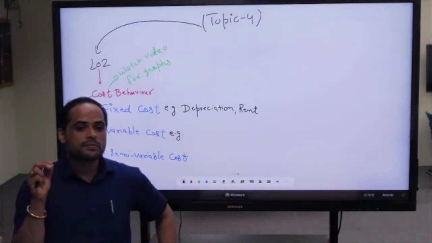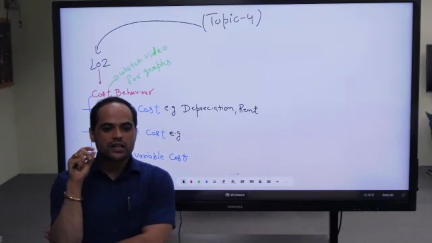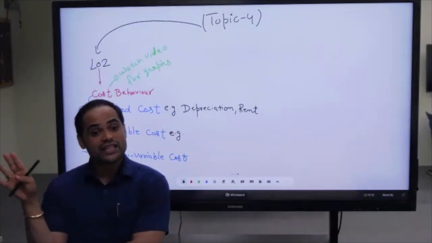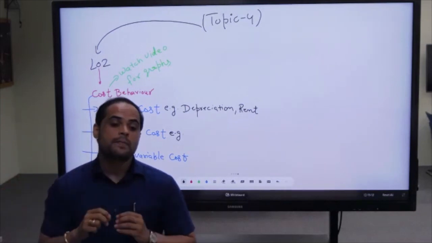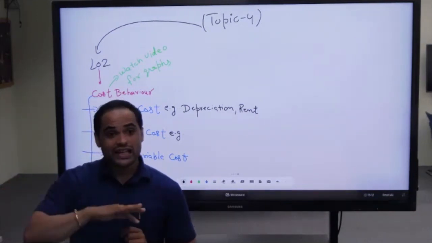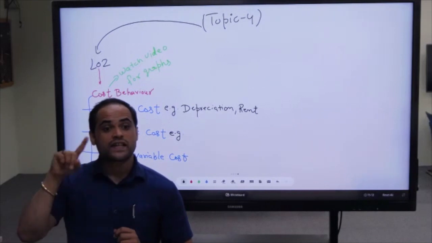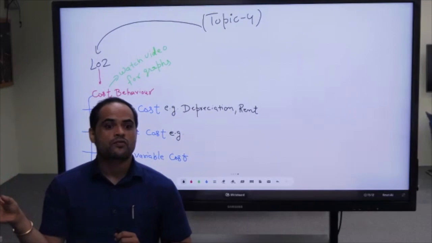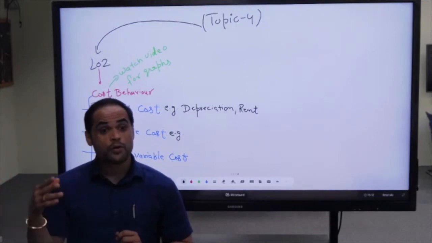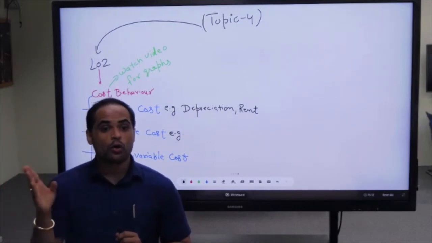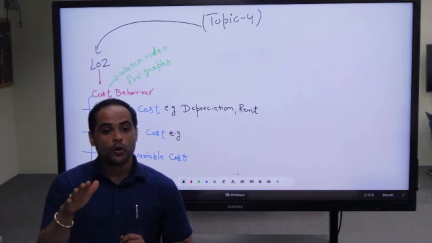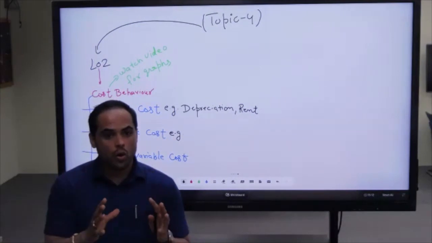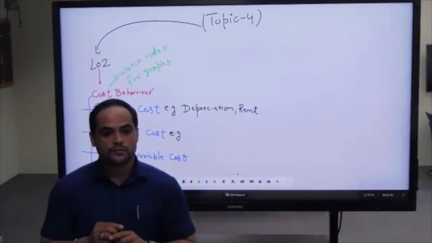So variable cost means any kind of cost which changes as per the level of activity. In simple words, your production increases, your cost increases. Your production decreases, the cost decreases. High production, high cost, low production, low cost, no production, no cost. That kind of cost is called variable cost.